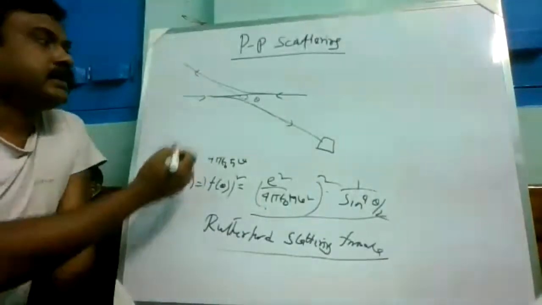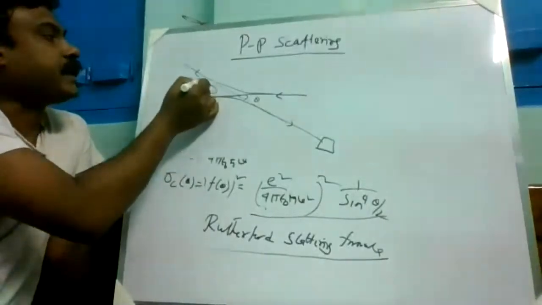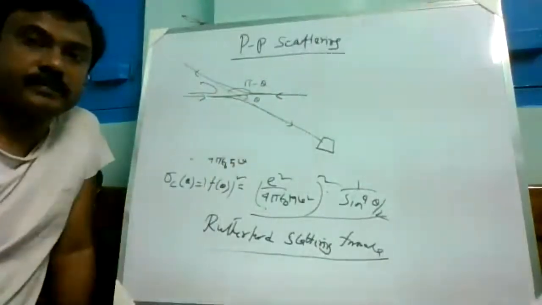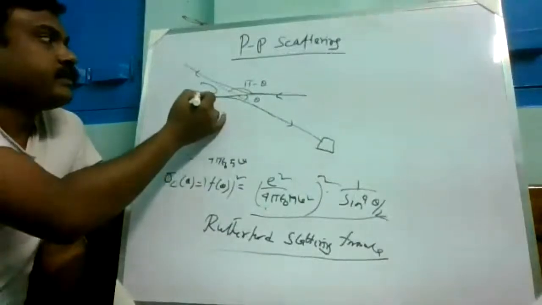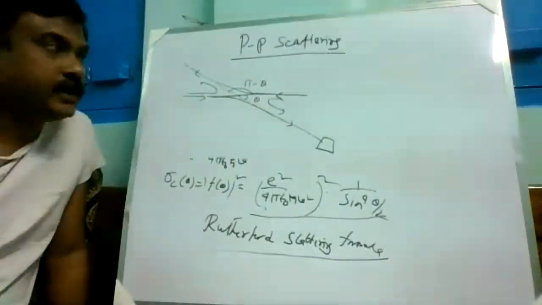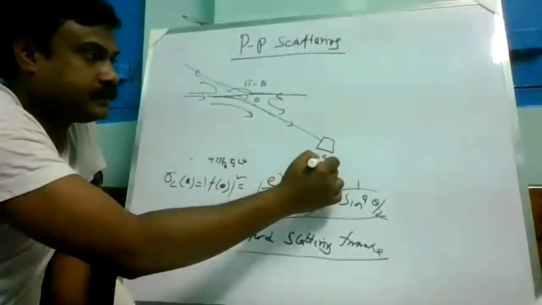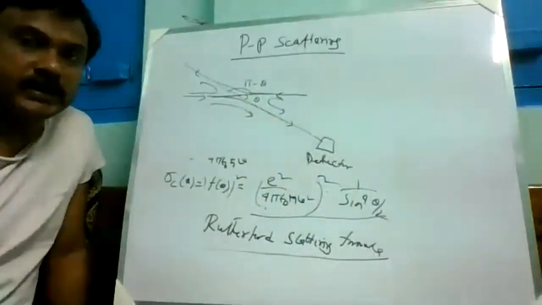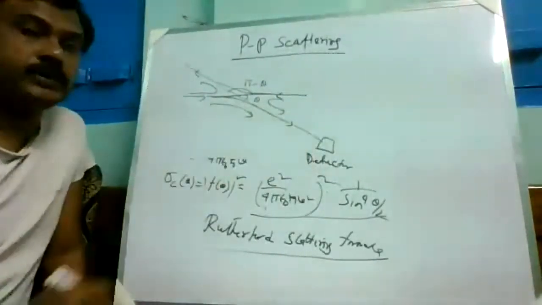Now, if this is scattered by this angle, then the scattering angle will be equal to pi minus theta. But you cannot distinguish, because if it goes there, then the other proton will go there. In the first experiment the first proton goes to this detector, in the second case the second proton goes to the detector.